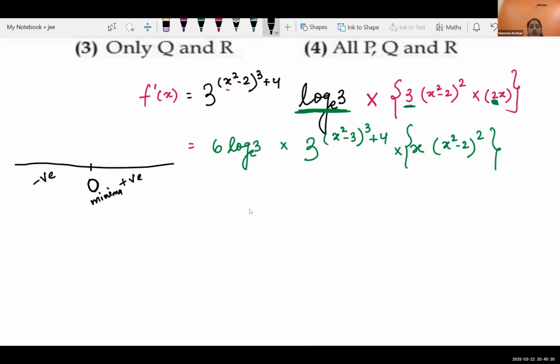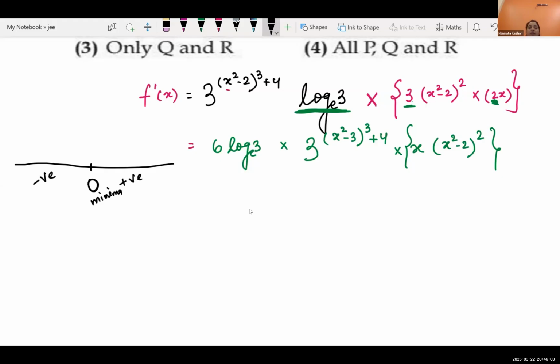If you get confused, please take it: first decreasing and then increasing, and it looks like minima. So we can check that on the left of 0, is it negative, and on the right of 0, is it positive? So without even going ahead, we can say the first statement is correct. Getting it?